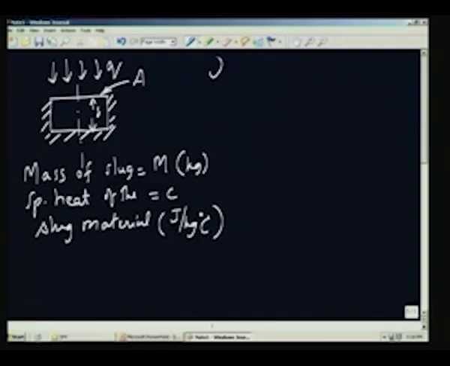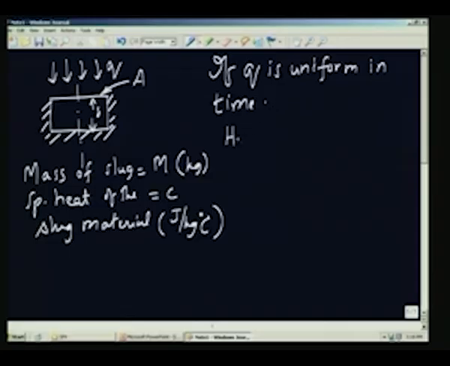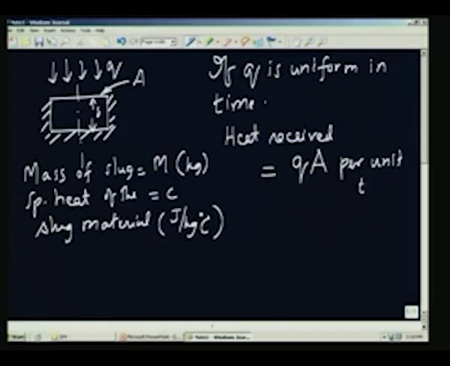If Q is uniform in time, okay, it is uniformly impinging on the front surface of the slug, the heat received is nothing but QA per unit time, per second.